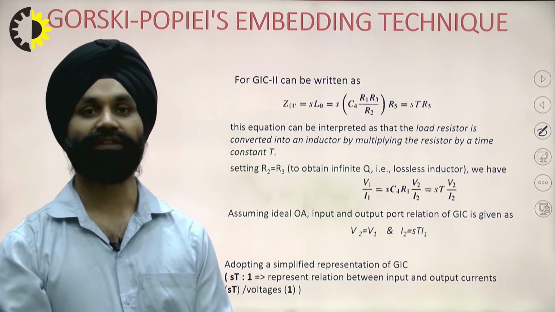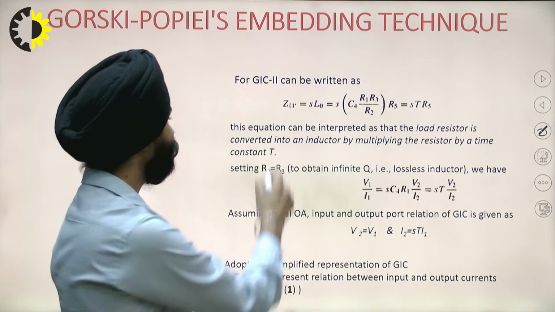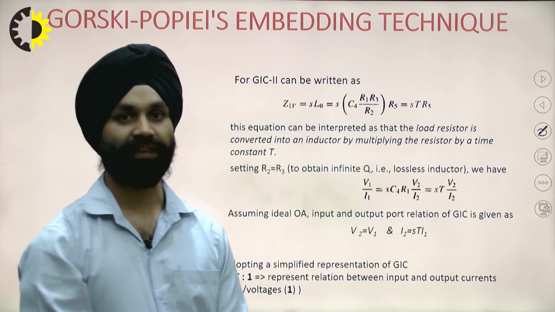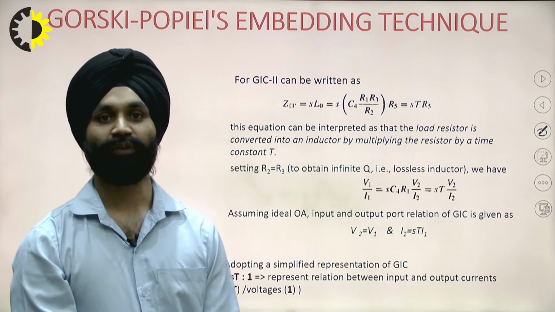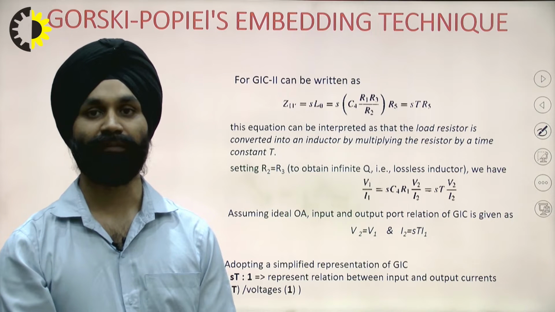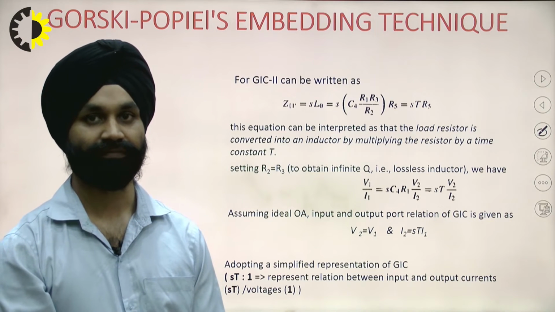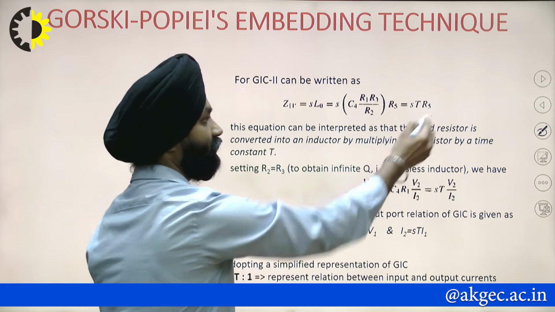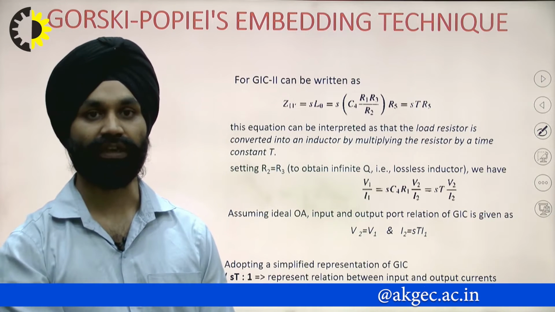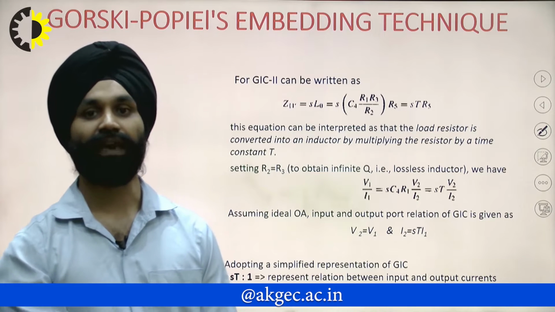Here we have the input impedance Z11 given by the equation where the load resistance is converted into an inductor by multiplying the resistor by its time constant T. R5 is the fifth resistance of the GIC2 circuit, and T is the time constant given by RC.